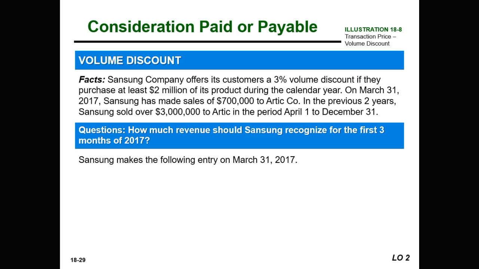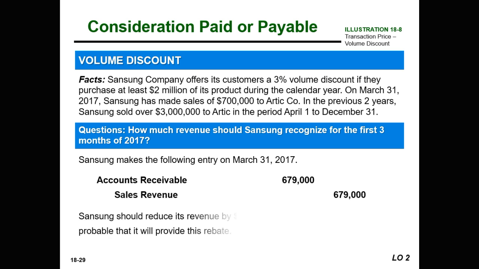So the amount of revenue we would actually recognize for the first 3 months of 2017 is not the 700,000. It is actually 679,000, because it is highly probable that the rebate volume discount of 3% is going to actually occur.